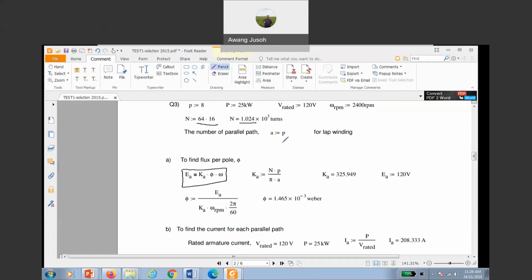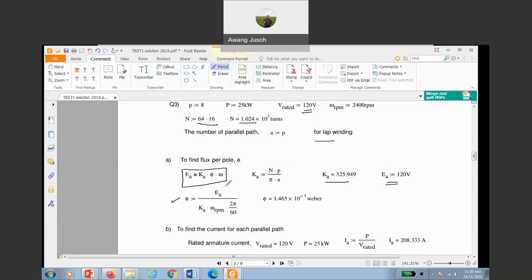P equal to A, because it's lap winding now, so P divided by A is 1. So you can cancel each one, then you get this Ka, the machine constant, right? And we know the IA given there, which is 120 A. Then we can find the flux per pole, so just use the formula.